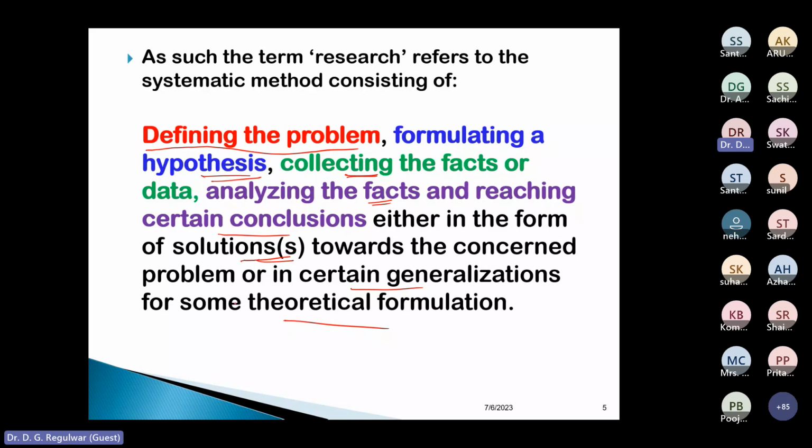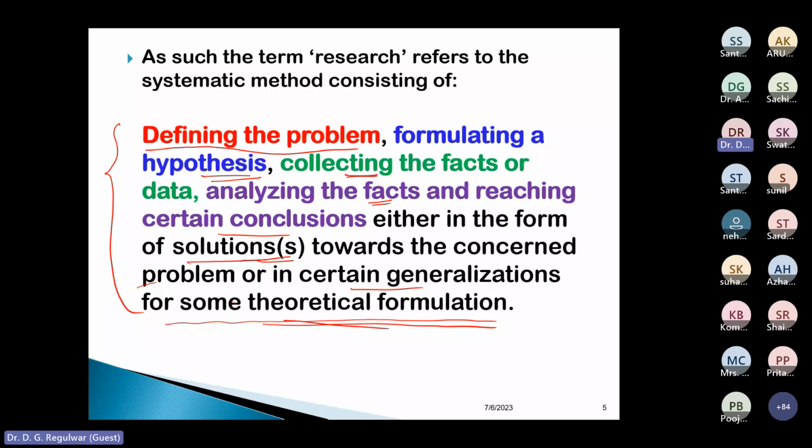So either the solutions can be given or the theoretical formulations can be possible. The generalization for theoretical formulation is not common, it's fundamental. But what is common mostly in engineering is the solution towards the concerned problem. So this is a more appropriate definition for research.